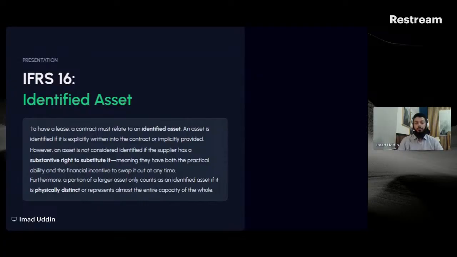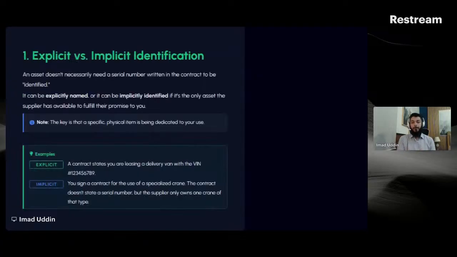So if you're talking about a particular portion of an asset, let's say not an entire airplane, but a separate engine, and that jet engine is physically distinct and represents the entire capacity of that engine itself, then it can maybe be leased separately.